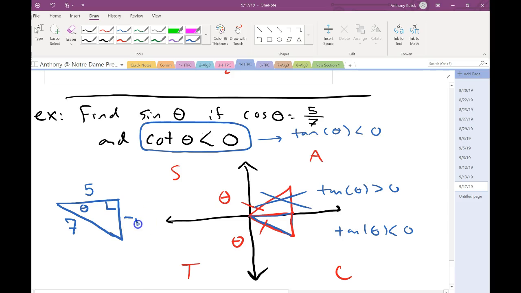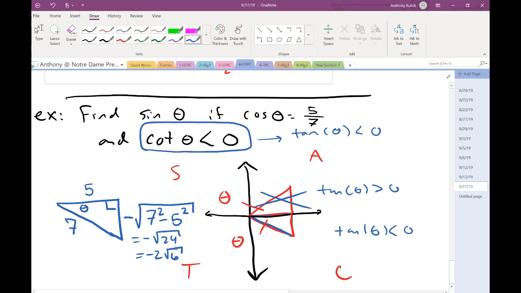And to find the length for that vertical side, I can just use the Pythagorean Theorem to solve. So when I do that, I get the square root of 24, which simplifies down to 2 square root 6.